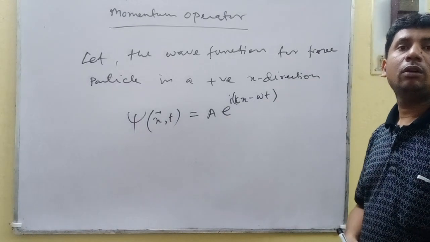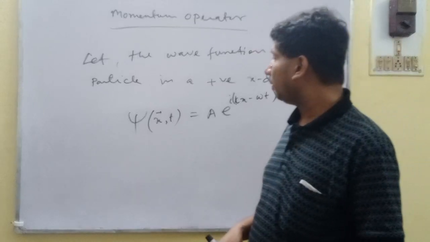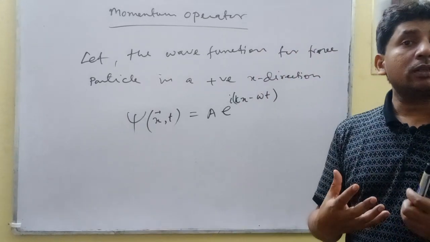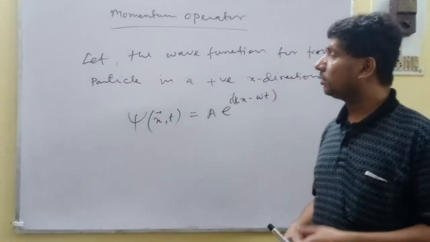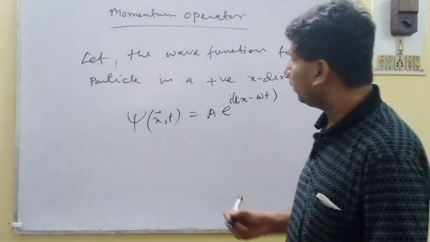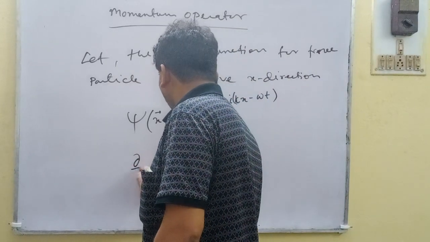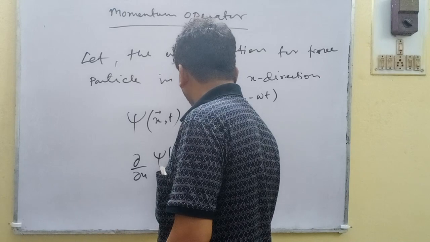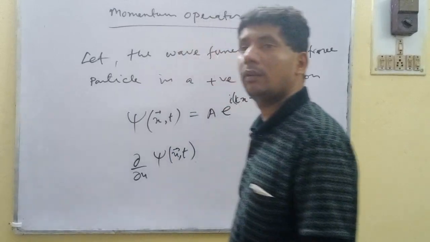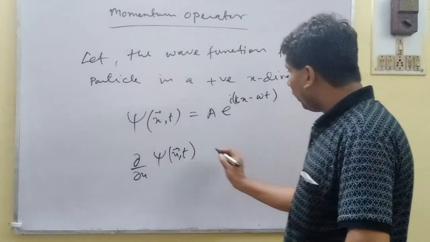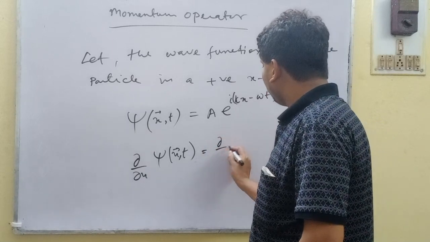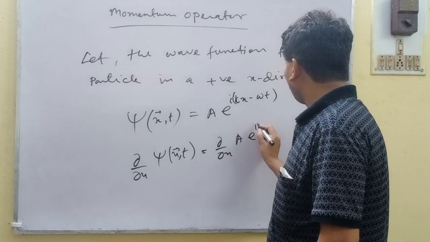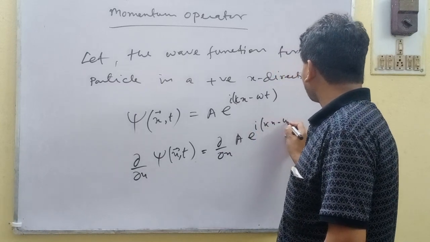Now, if we use just a linear operator, just a derivative, then del x of psi x t equals del x of A into e to the power i (k x minus omega t).